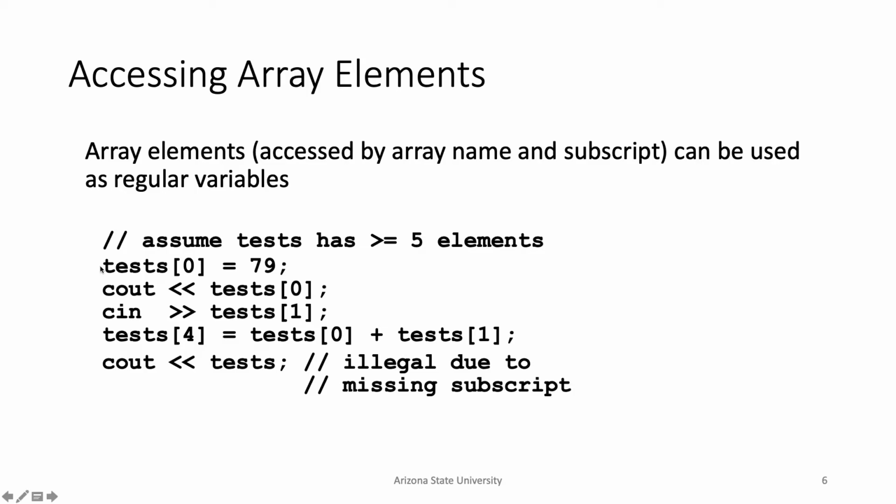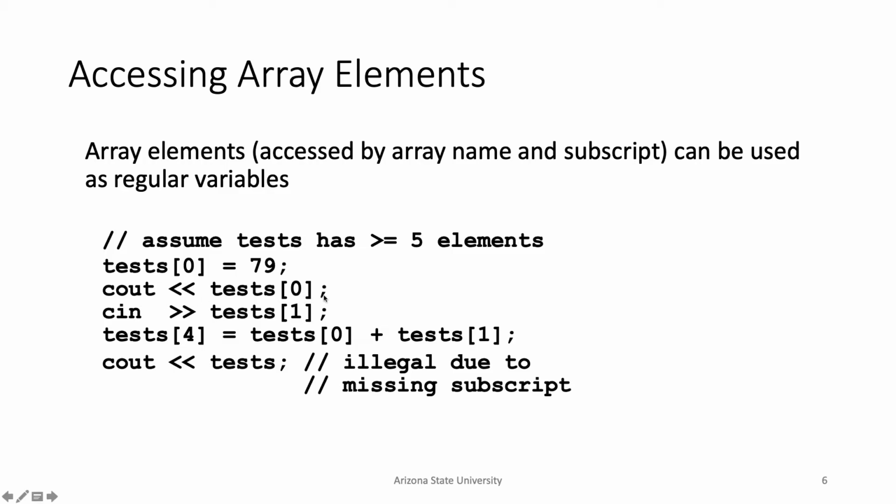So index 0. Let's just say the entire array was zeros beforehand. After I do this first line, what are the contents of the array? First one's 79, the rest are 0. Right, so the first one gets modified, and the other 4 are not modified.